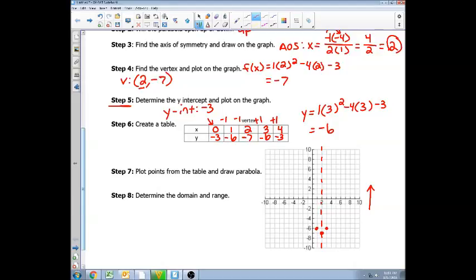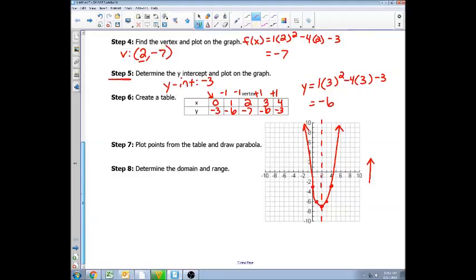Now I need to go to 4 and down to -3. So -3 would be right here. I can go one more spot to the left and plot that point. Okay? From here, all I need to do is connect my points. I have a U that opens up, so I know that this should be fairly close.